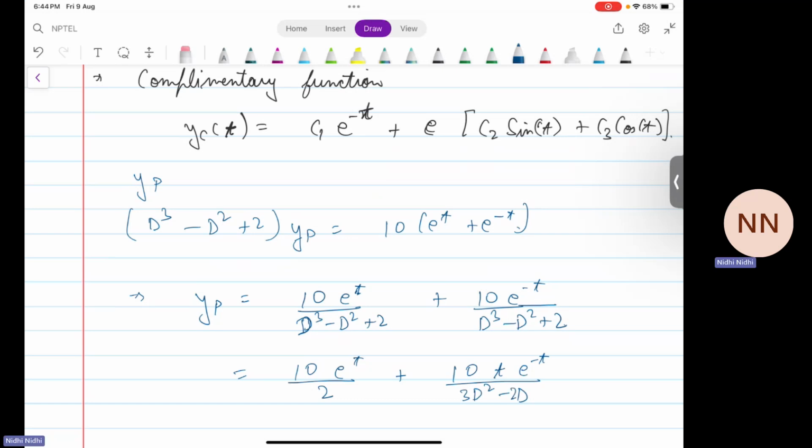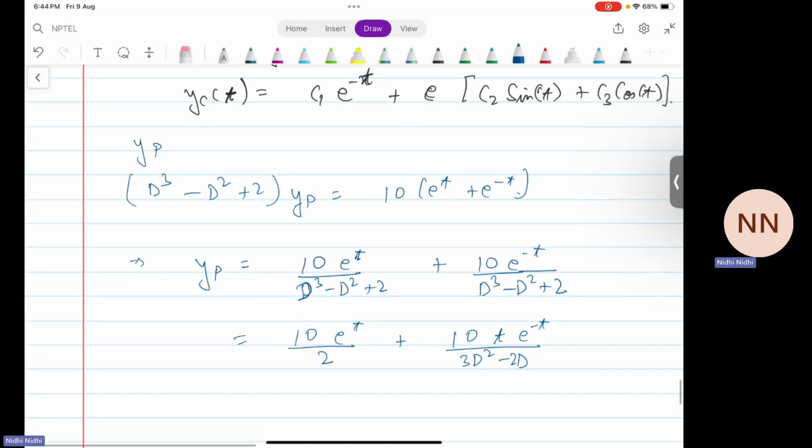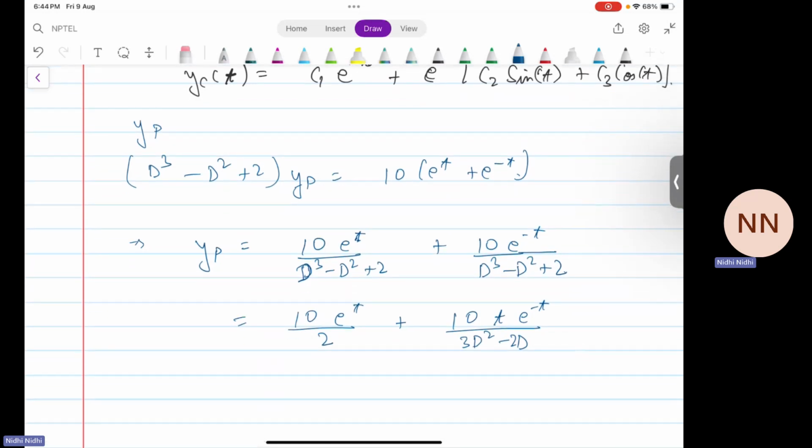And again, we'll see whether putting the value of D equals that constant makes the denominator non-zero. Here, if we put D equals minus 1, we get 3 plus 2, which is again non-zero. So in the next step, we can just put the value of D to be minus 1 and hence we'll get the particular integral. This gives us 5 e to the power t plus 10t e to the power minus t by 5.